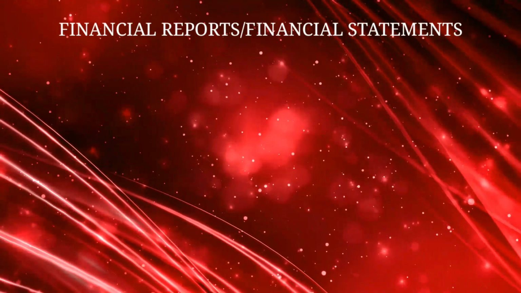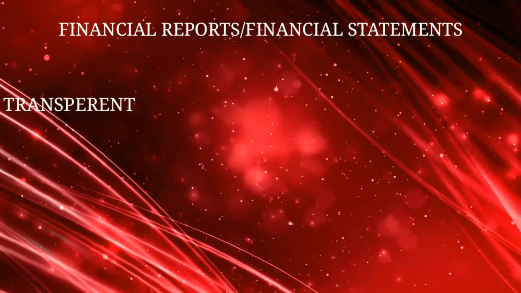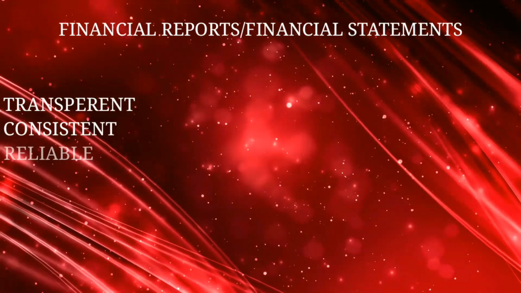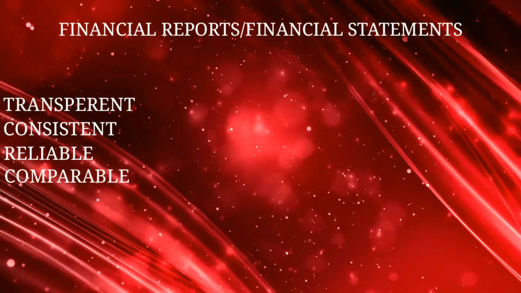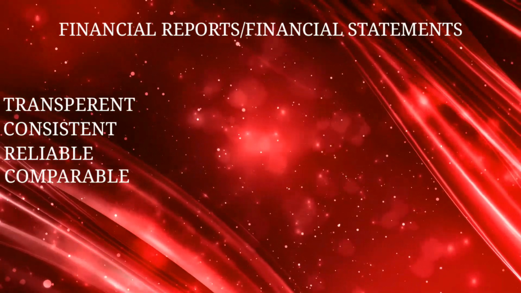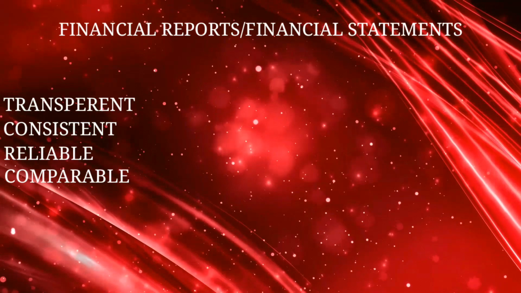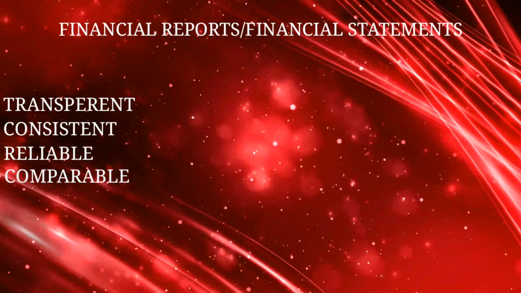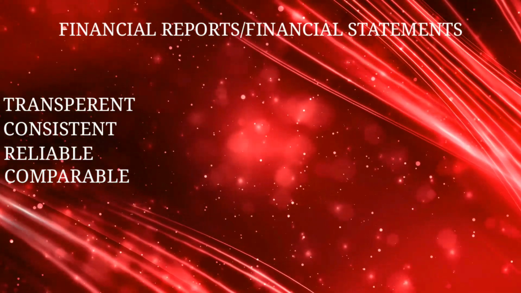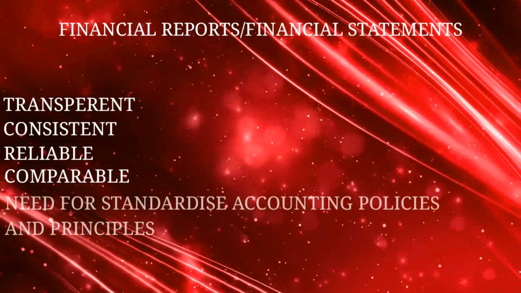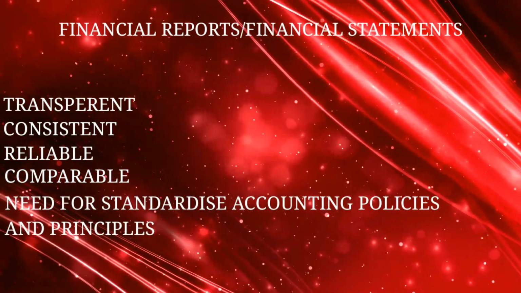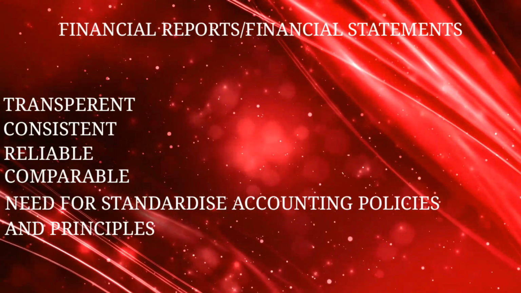So the financial statement should be transparent, consistent, reliable and comparable. For ensuring this transparency, consistency, comparability and reliability of financial statements, it is very necessary to standardize the accounting principles and policies.